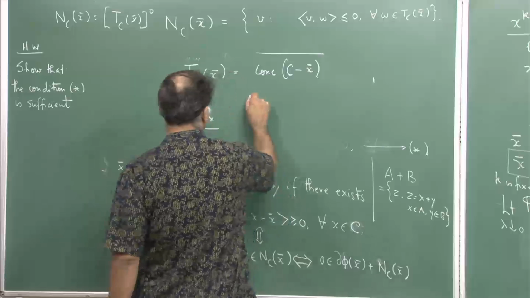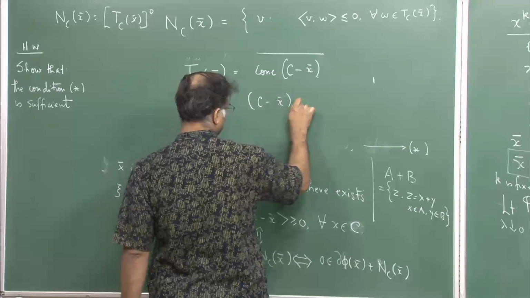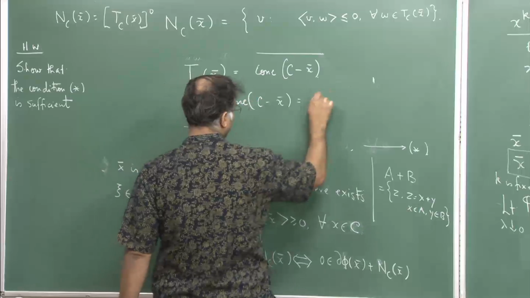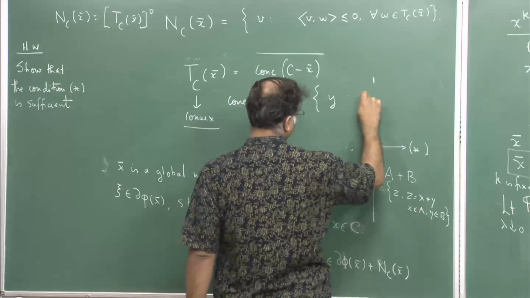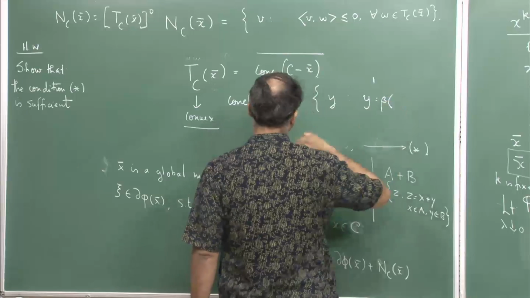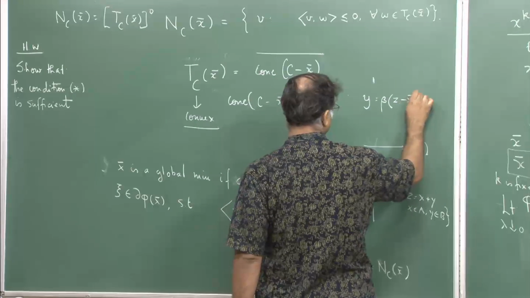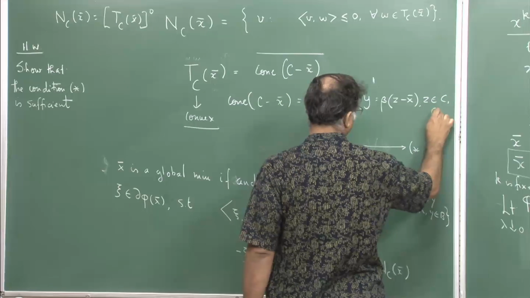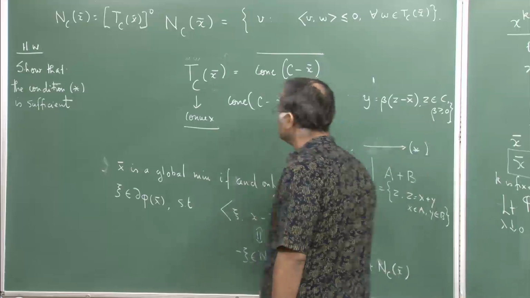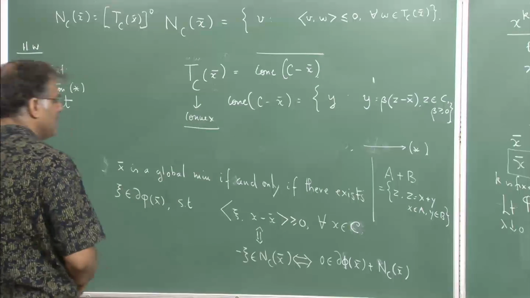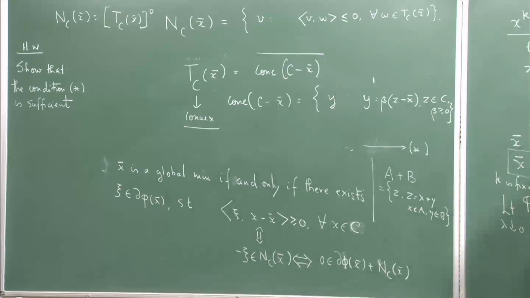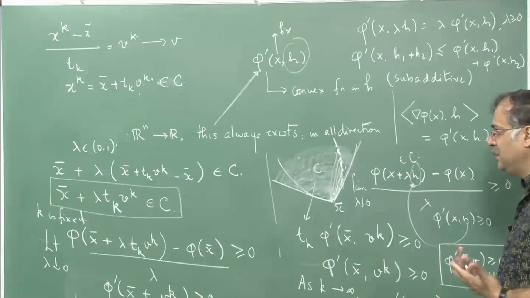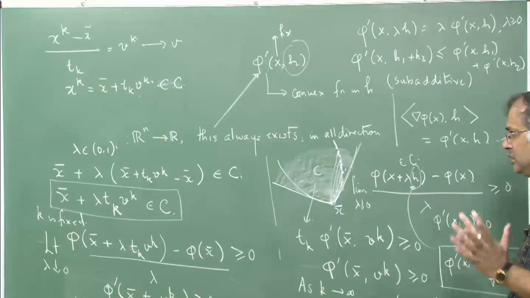See this set C minus x bar, and the cone generated by this is nothing but the set of all y, where y is written as beta times (z minus x bar), z is an element of C and beta is greater than or equal to 0. So you take C minus x bar; basically you have translated the set so that x bar is now put at the origin, and then you are generating a cone.